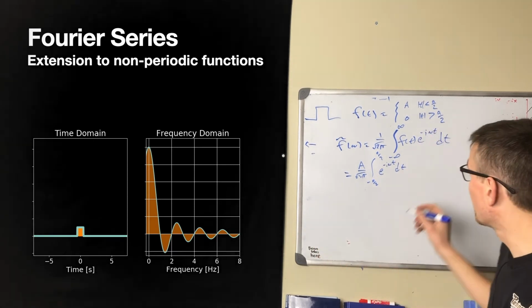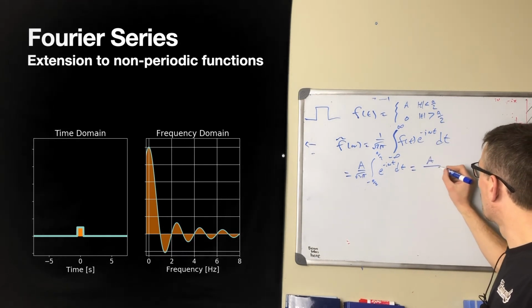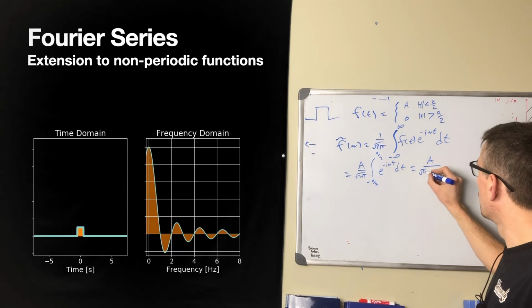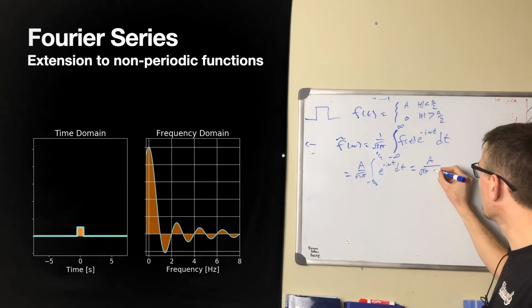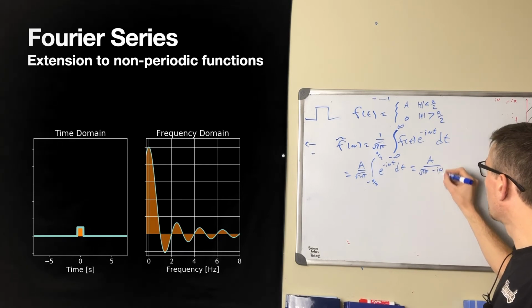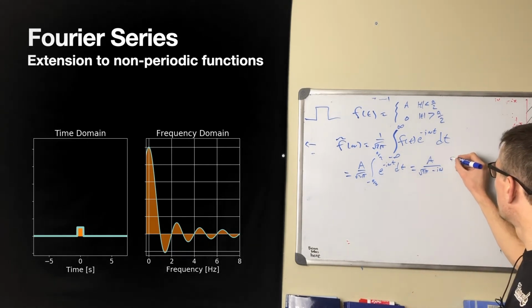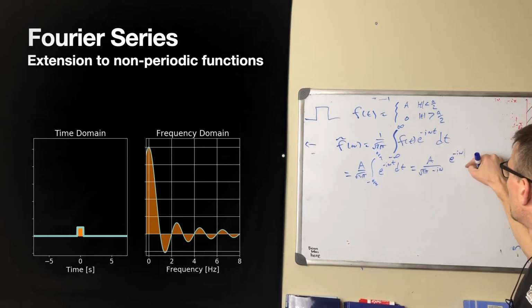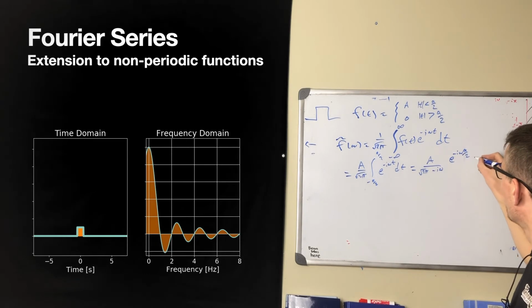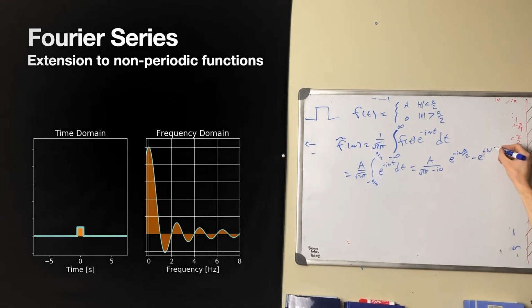Again, a fairly easy thing to compute. So it's going to be what? It's going to be a over root 2 pi times 1 over negative I omega times e to the minus I omega a over 2 minus e to the plus I omega a over 2.